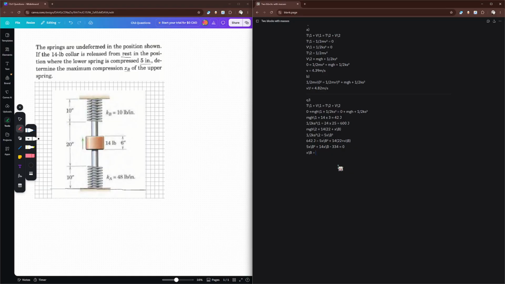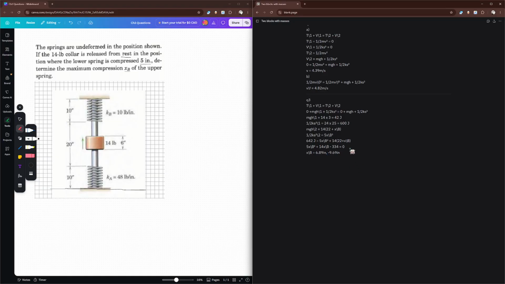And then if we properly solve this quadratic now, so 5, 14, and -334, we get that xb is either 6.89 inches or -9.69 inches, right?